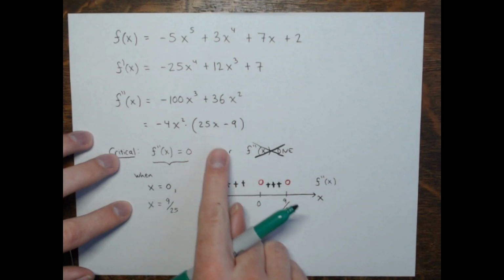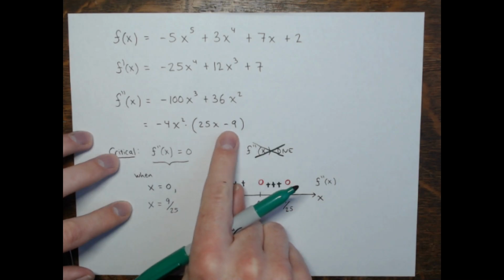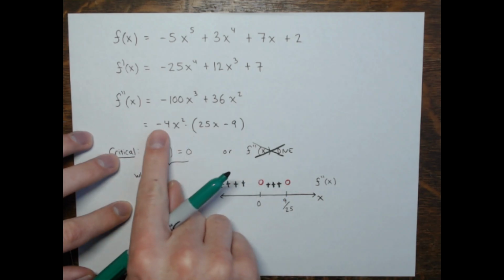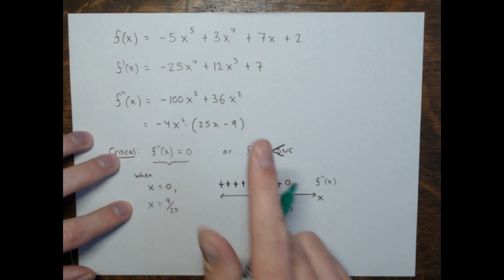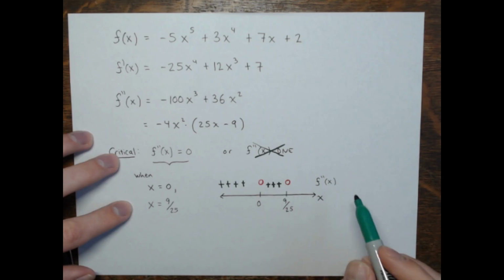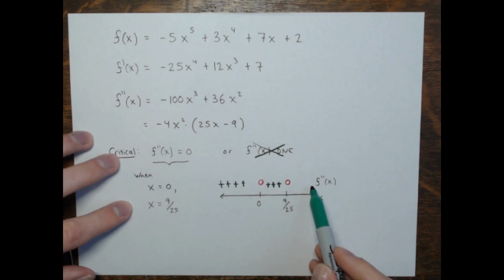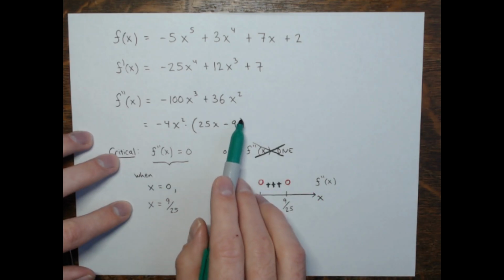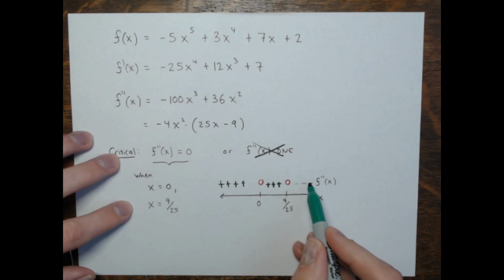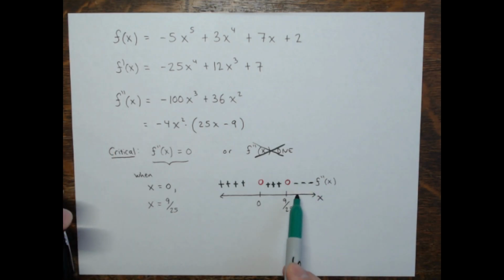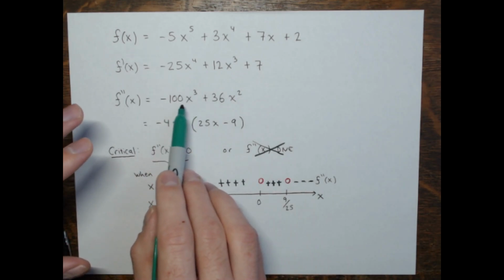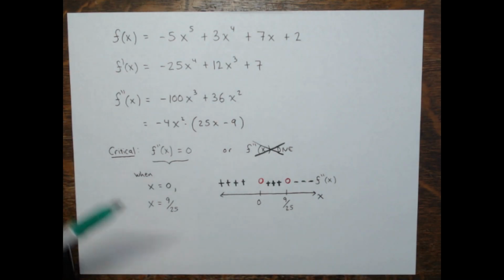This will still be a negative factor here, this 25x minus 9, and then negative and positive, it'll be positive all around, all told. And then something bigger than 9/25. Now, the multiplicity of 9/25 is 1, so it will switch signs there. And you can, again, plug in some huge positive number, and you see the lead term is negative up here, big negative. So it's a negative value for the second derivative.